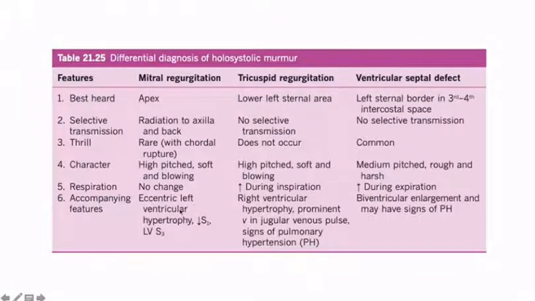Other features which can be seen in significant MR are an associated LV S3 with a mid-diastolic rumble, and a decreased amplitude of S1. Whereas in a significant shunt in a VSD, there are associated pulmonary hypertension features.